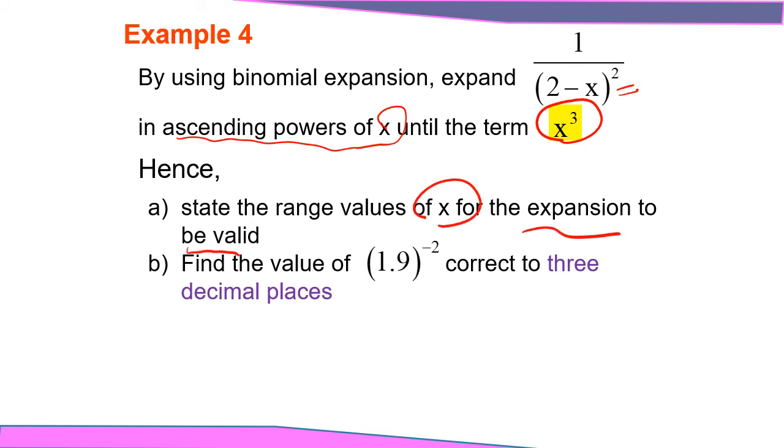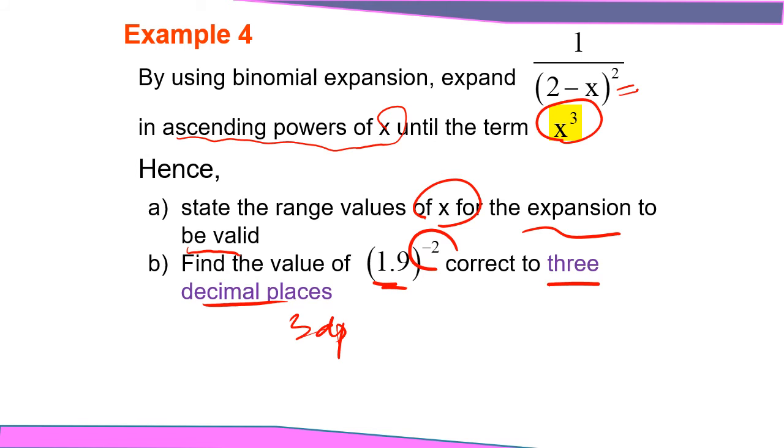So, every time we do an expansion where n is a rational number, we have to make sure x is valid for a certain range. And then the second part is to find the value of 1.9 to the power of -2, correct to 3 decimal places. So 3 dp.